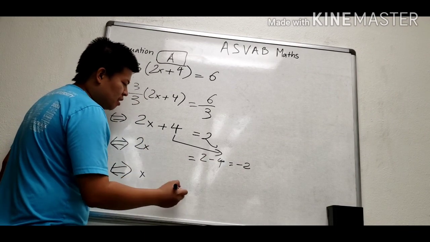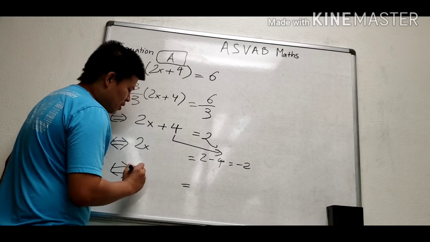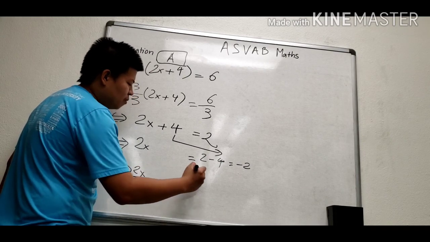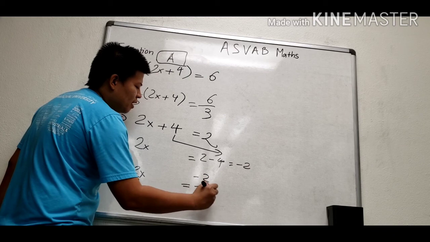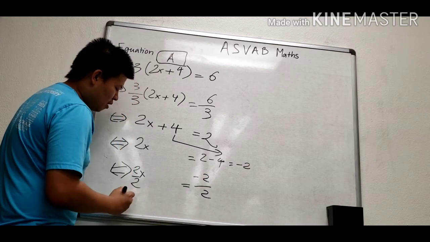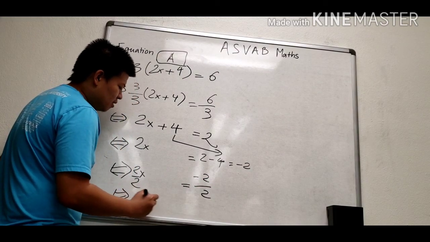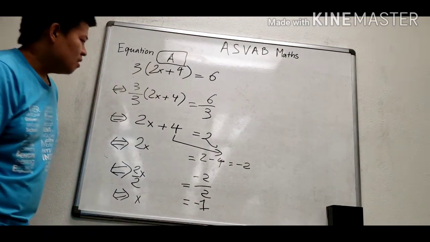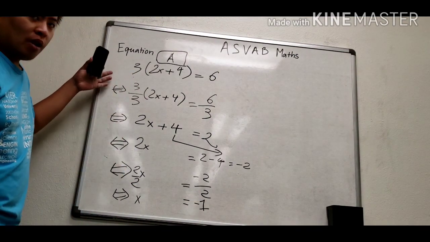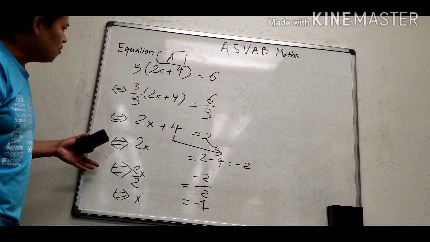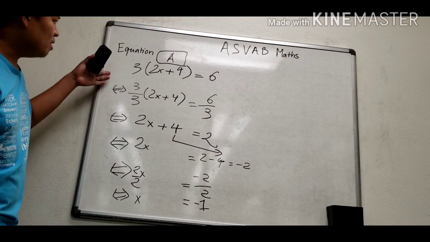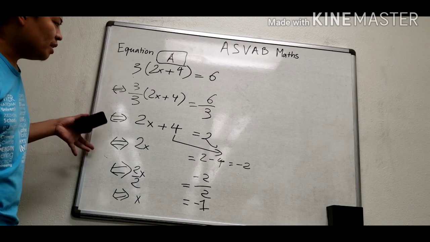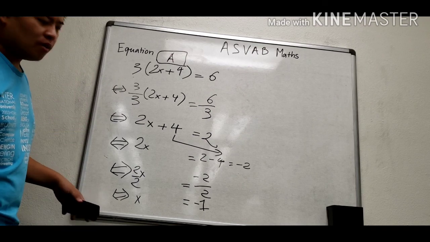We have 2s in here, we just divide by 2, minus 2 divided by 2 together. So we got s equal to minus 1. So this is the way we do equations in the ASVAB, and we need to learn how to do it step by step so that you can calculate the number.